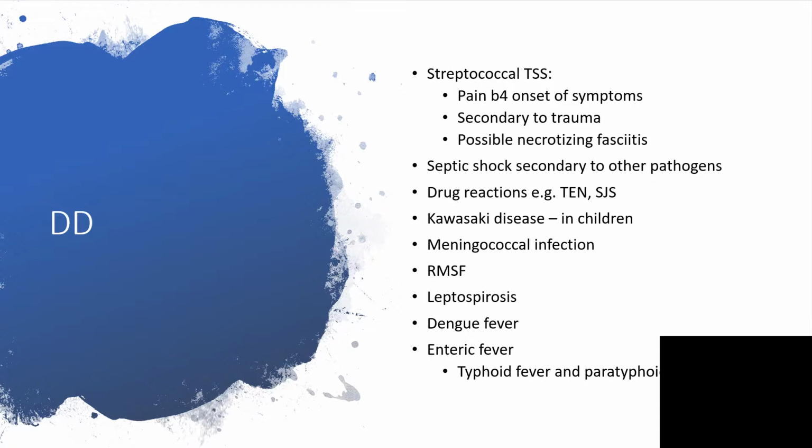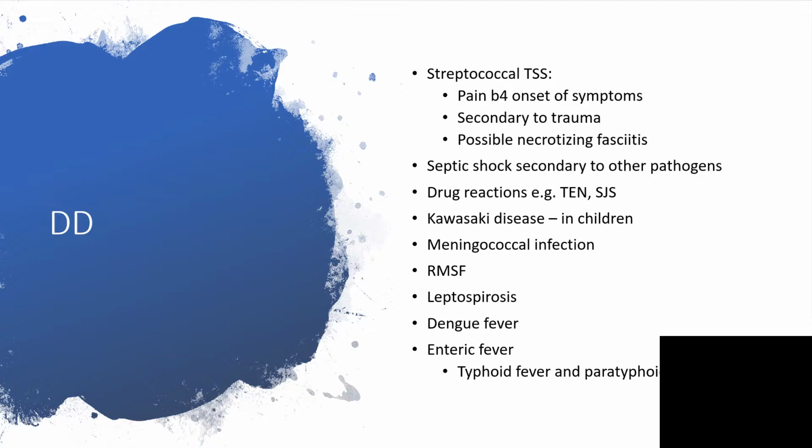The other differential is septic shock secondary to other pathogens entirely. Also, drug reaction is possible as a differential when we have toxic epidermal necrolysis or Stevens-Johnson syndrome. Also, in children, this might be Kawasaki disease or meningococcal infection.